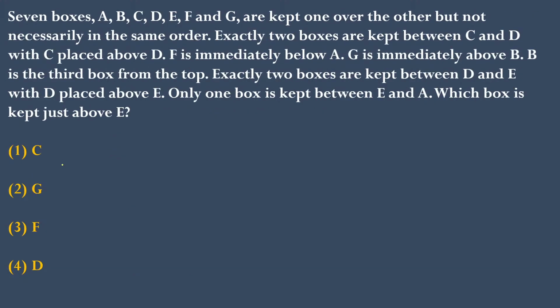See the question here. Seven boxes A, B, C, D, E, F and G are kept one over the other, but not necessarily in the same order.